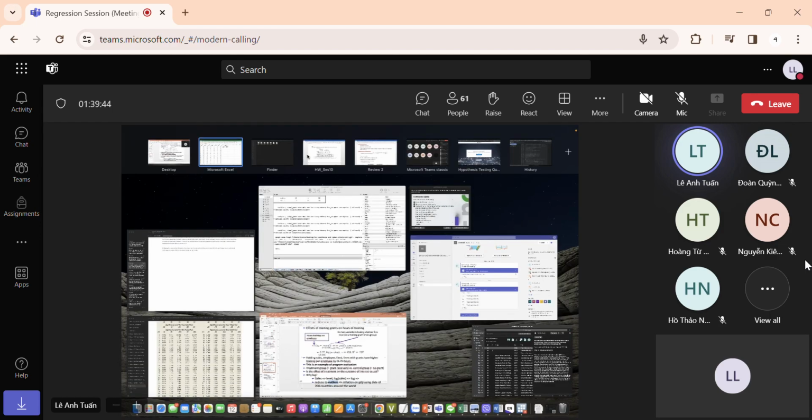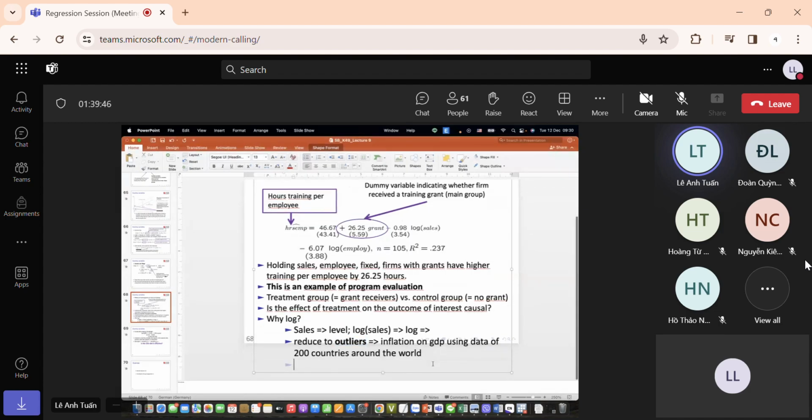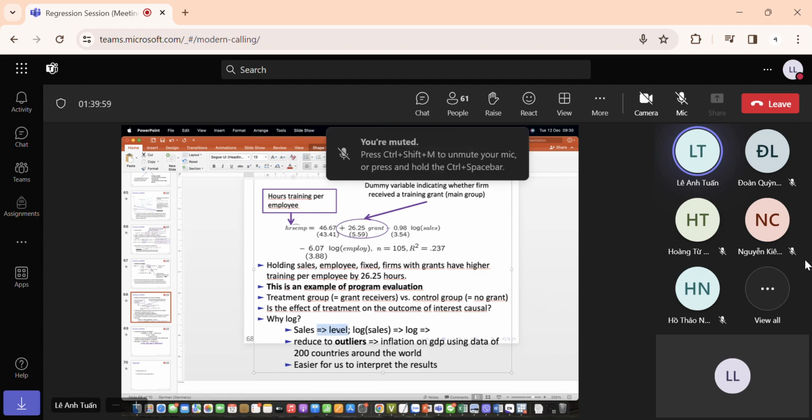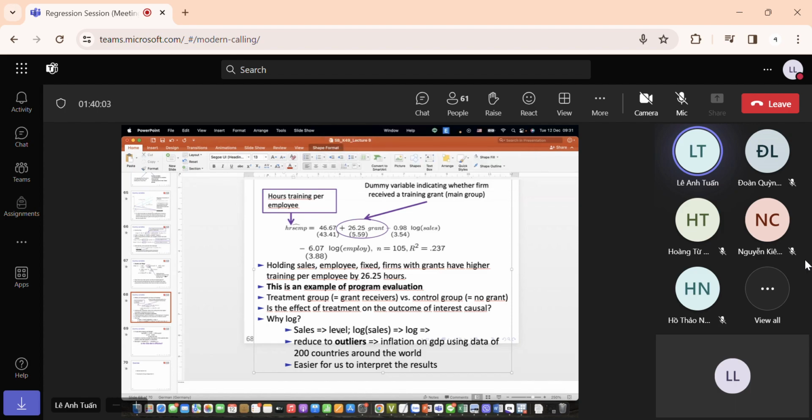And the second reason is that it is easier for us to interpret the result. Because when you use the level and you explain the coefficient, you say one unit increase in the rate.